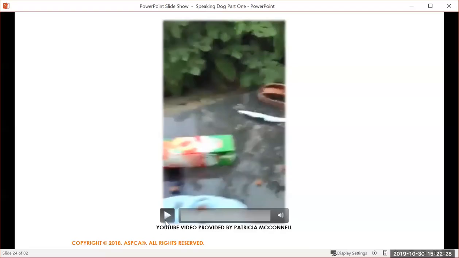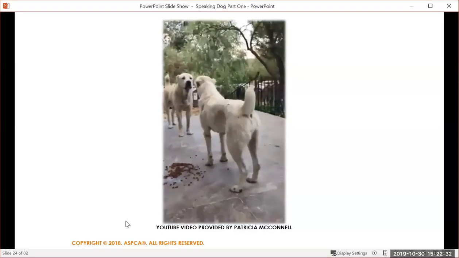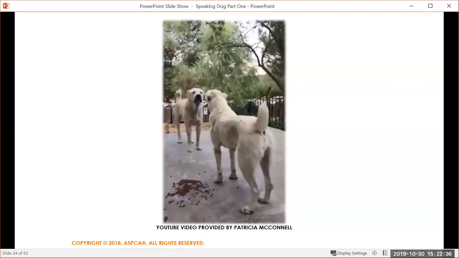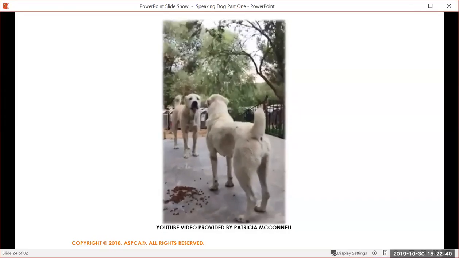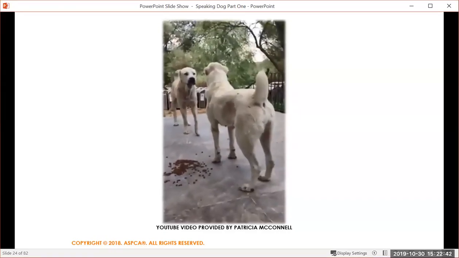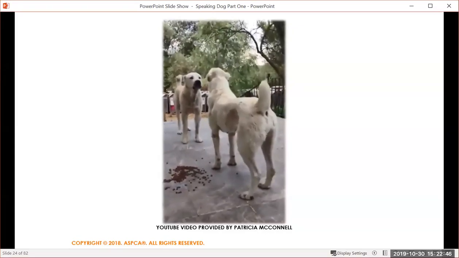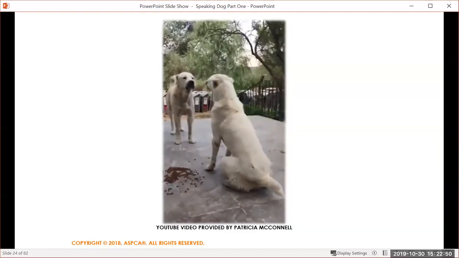So let's play it again. You have a chance to watch again. Watch the heads of these two dogs. Right there. See, the dog on the right just turned his head slightly away. And that gave the dog on the left permission to, well, I didn't say permission.